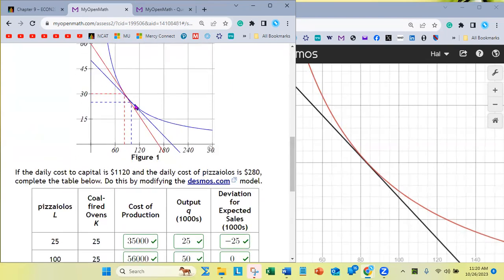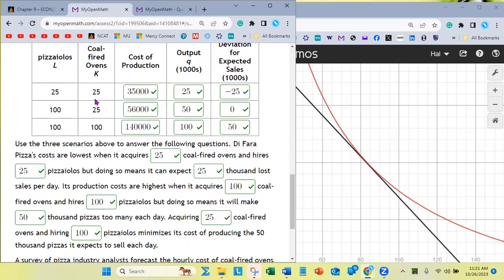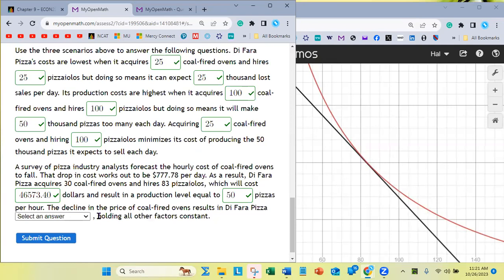And notice what my new optimal solution would be. A is if capital doesn't change in price. Red, in our what-if analysis, shows you what we would need in terms of capital if the price of capital goes down. So we're demanding fewer laborers, and we're demanding more pizza ovens.